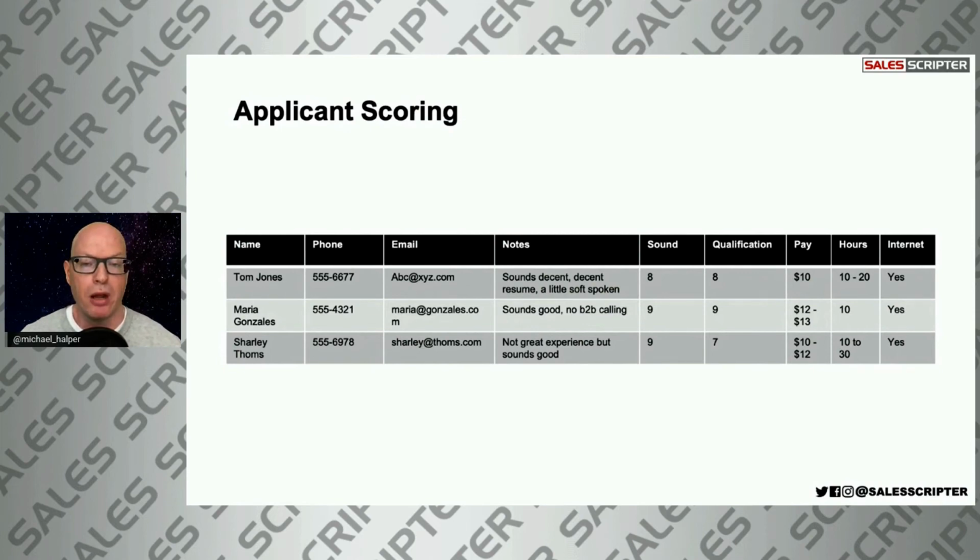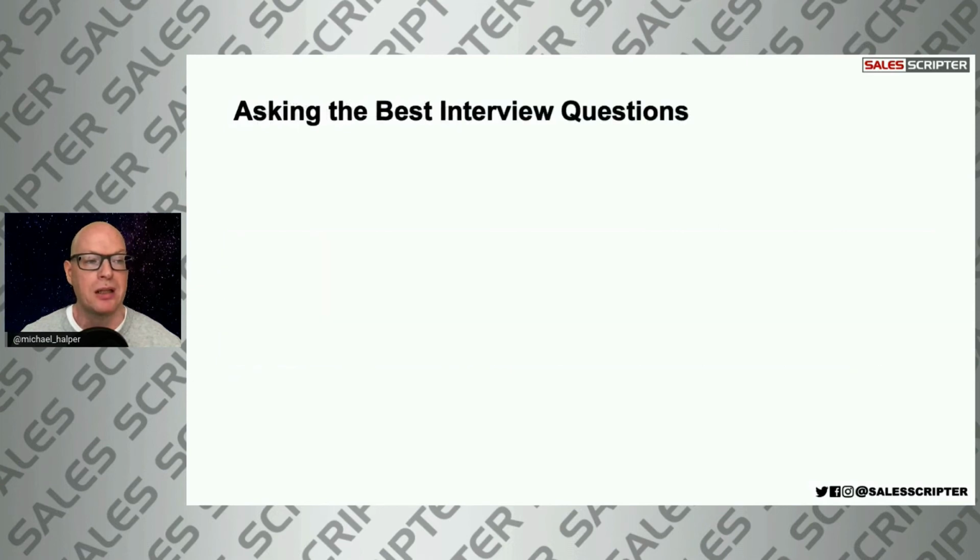And I bring up that example because it was a fail on my part, trial and error, where I figured out, you know what, I made a mistake here and I wasted a bunch of time. And one of the reasons I made that mistake is I didn't ask the right question when I was talking to them, because the problem was that they did not have good internet, and I did not ask them, do you have high-speed internet?